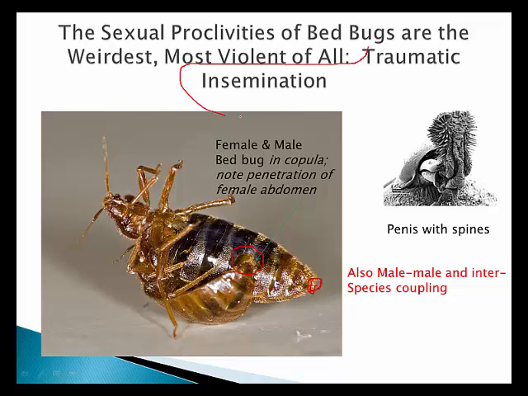This is called traumatic insemination, because the act of insemination involves a significant amount of trauma for the female. The male aedeagus is also interesting. You see it here. It's got all these spines all over it, and that is one of the ways he's able to get through her cuticle in the abdomen.